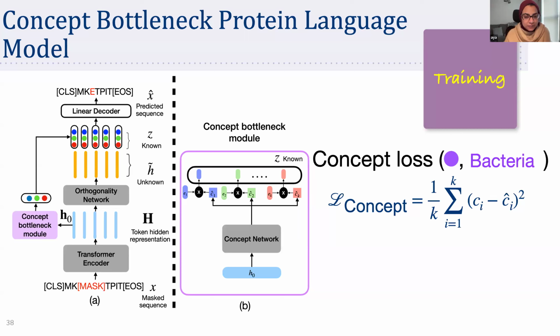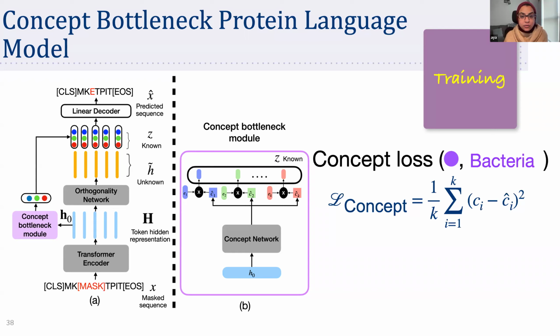But we also have an embedding that represents the concept, and this is a learned embedding. So we have a value for the concept and an embedding that represents the concept. We multiply the value with the embedding, and we concatenate all of these for all of the concepts that we care about, and this makes up our known. On top of the value for the concept, we add a concept loss to make sure that it aligns with the ground truth concept.